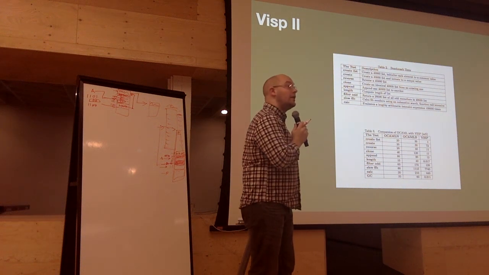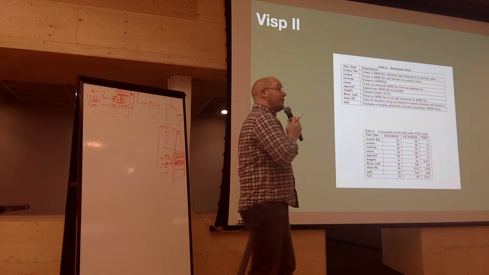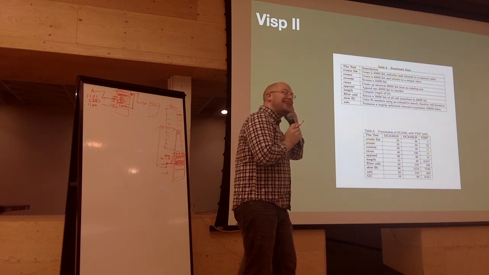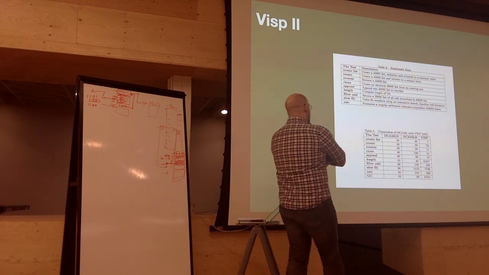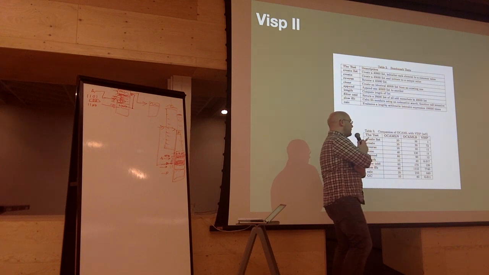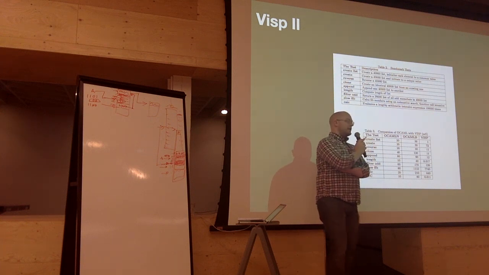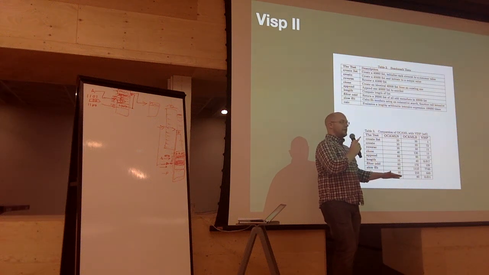Sorry? Where is the table? What is this table? Right, so what he wanted to do is create a programming language to use the vlist data structure as its fundamental implementation data structure.